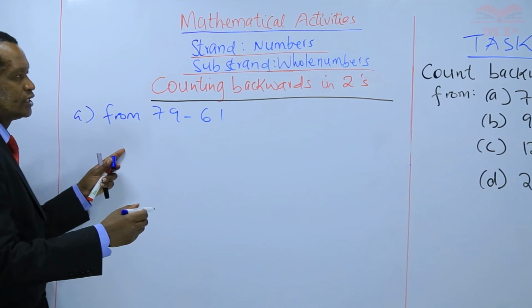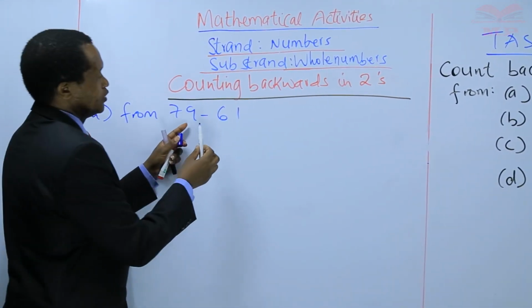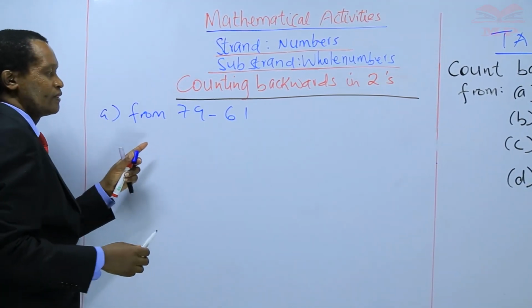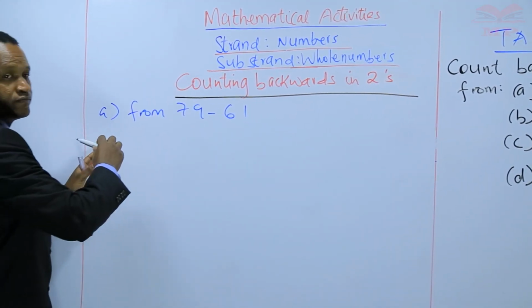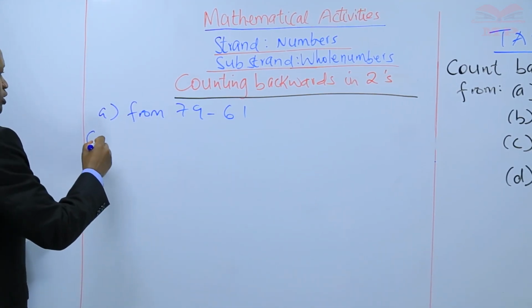Before we count backwards, we want to put down the numbers from 61 to 79. We are going to count forward first in ones from 61.